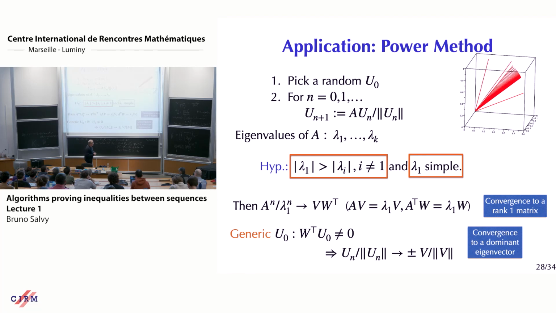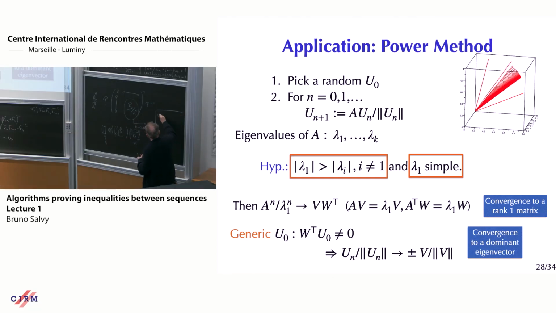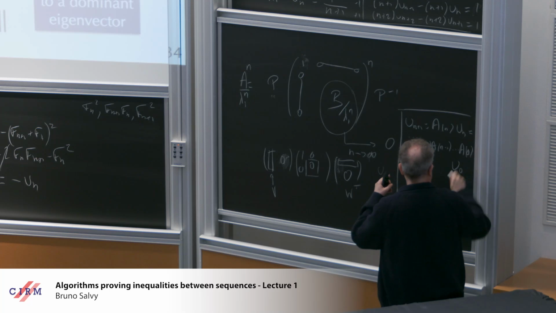Because I remember in general, when we are not in the constant coefficient case, we have u_{n+1} = A_n u_n, and thus u_n = A_{n-1} ... A_1 A_0 U0.